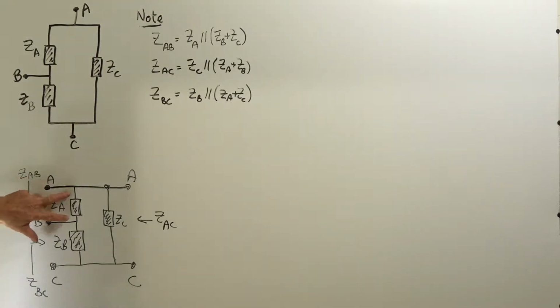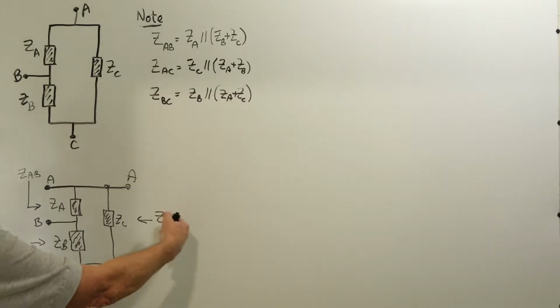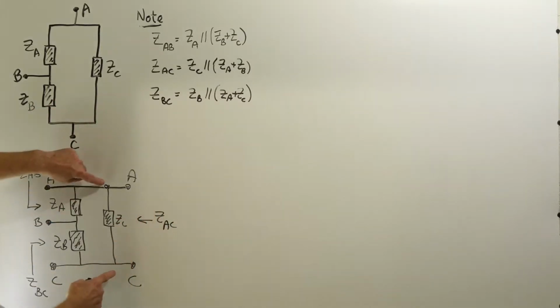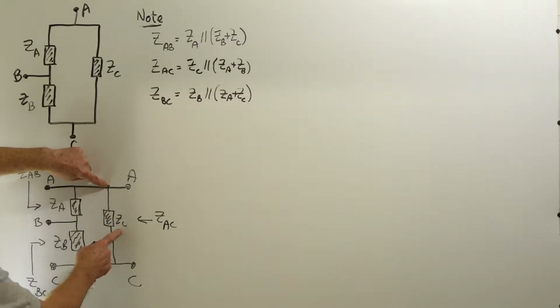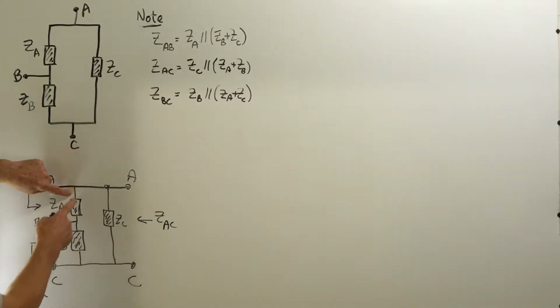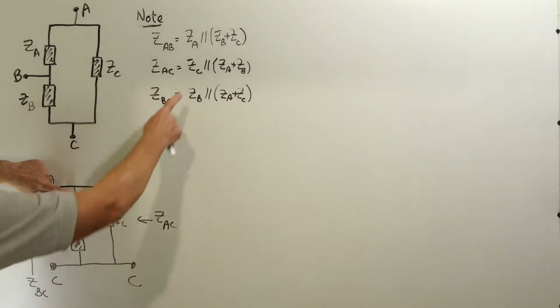So what we have in this condition is, note that the impedance that we see looking into nodes A and B is impedance ZA in parallel with ZC plus ZB. And then the impedance looking into AC, this impedance ZC is in parallel with the series combination of ZA and ZB.